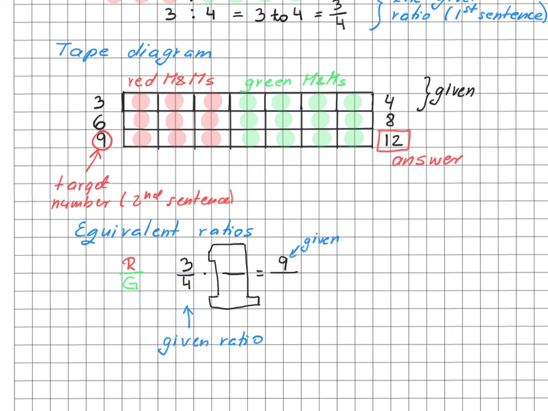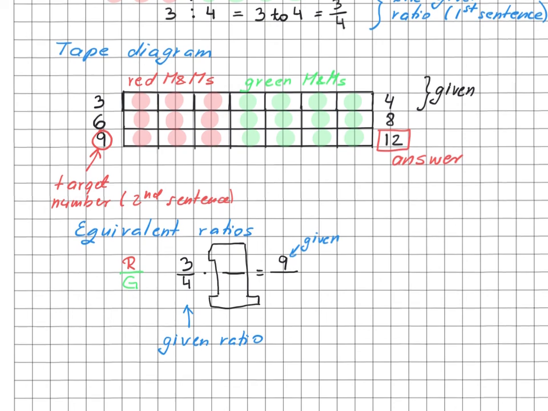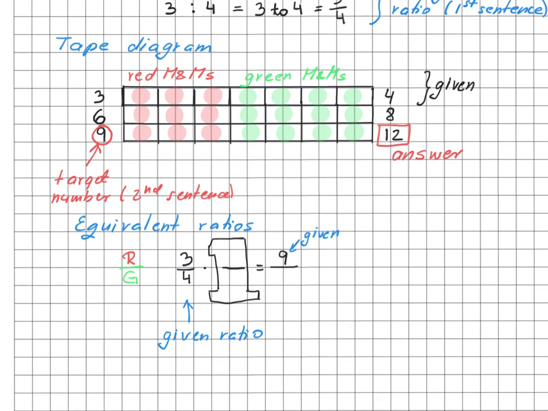Now my target number is 9. My target number is 9, and my target number was 9 here too. What I did, I kept adding 3, 6, 9. I kept adding 3 times, 1, 2, 3 times, and when I added 3 times, I got 9. So I can put here that 3 times 3 is 9.